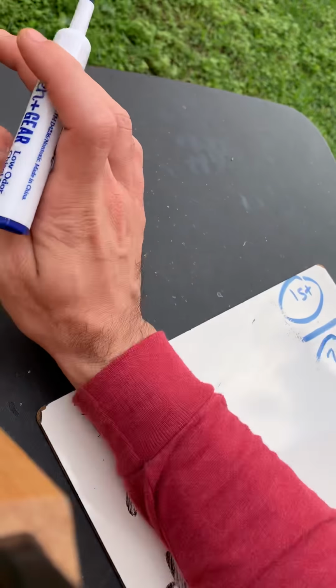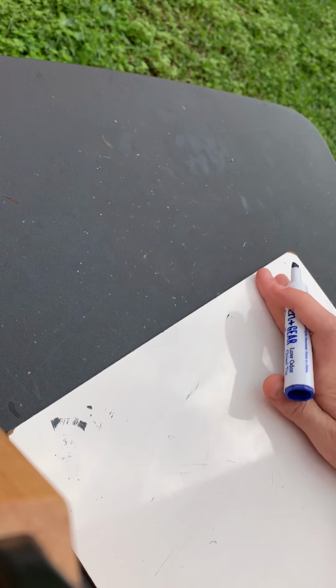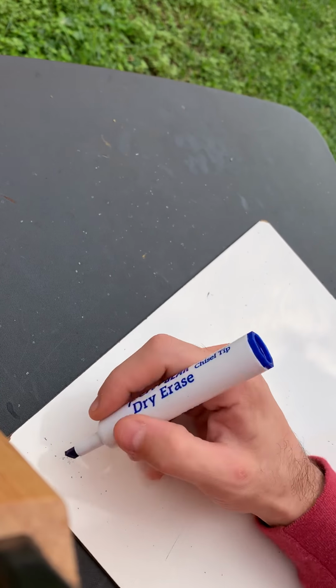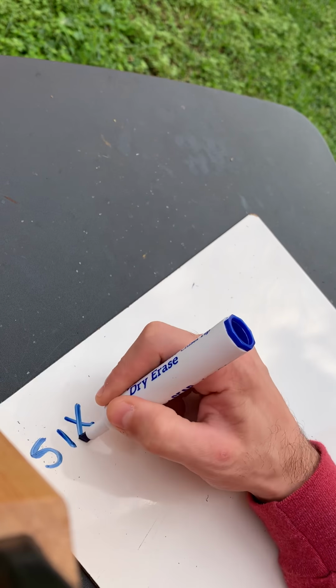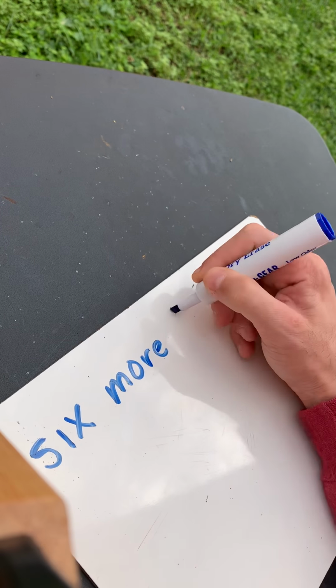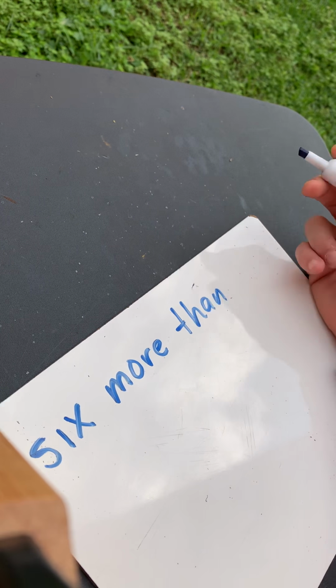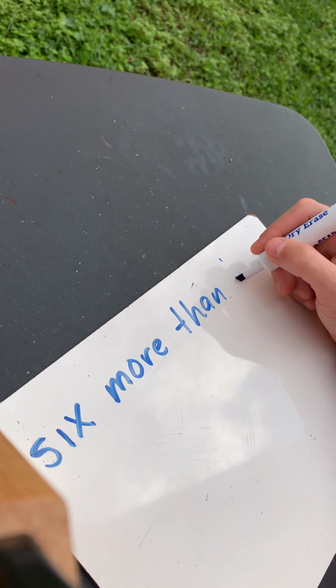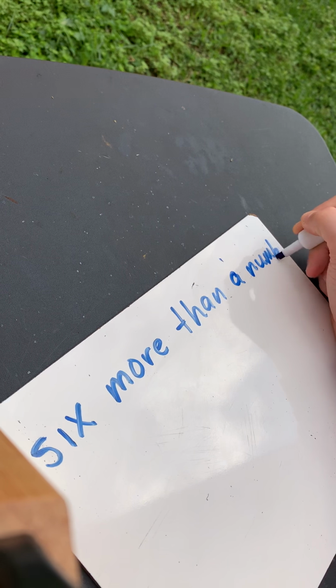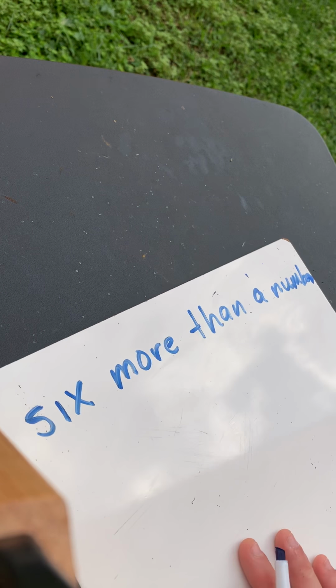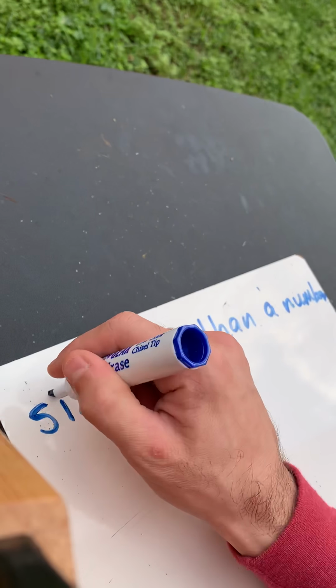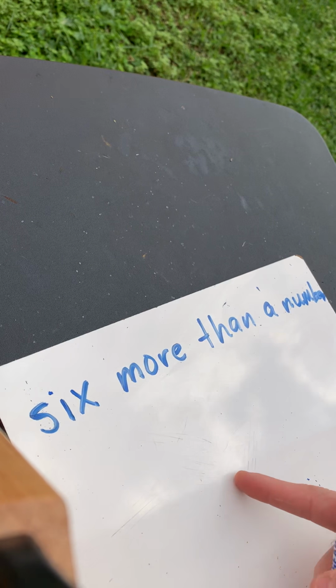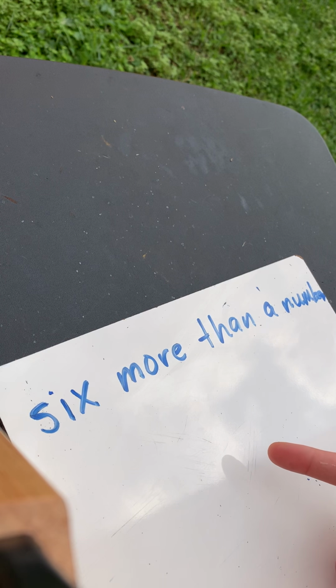Now let's review some examples. Six more than a number. Now what I like to do is label the words right here before putting my answer, because if there's an order changer, I have to erase and flip it.